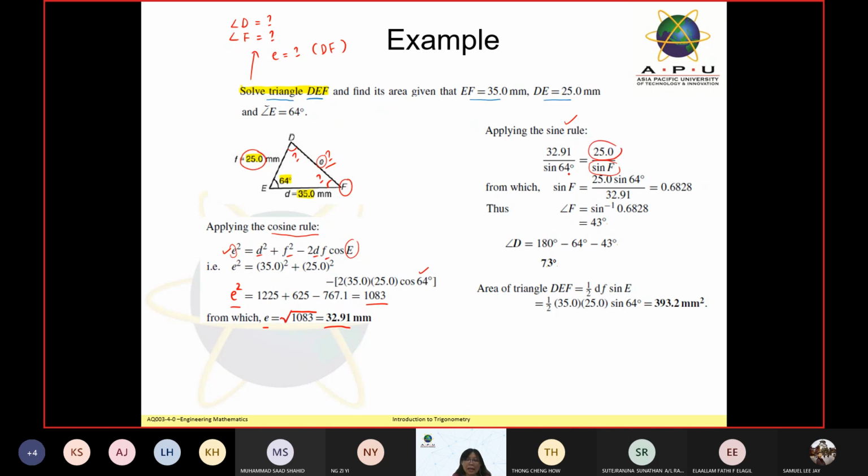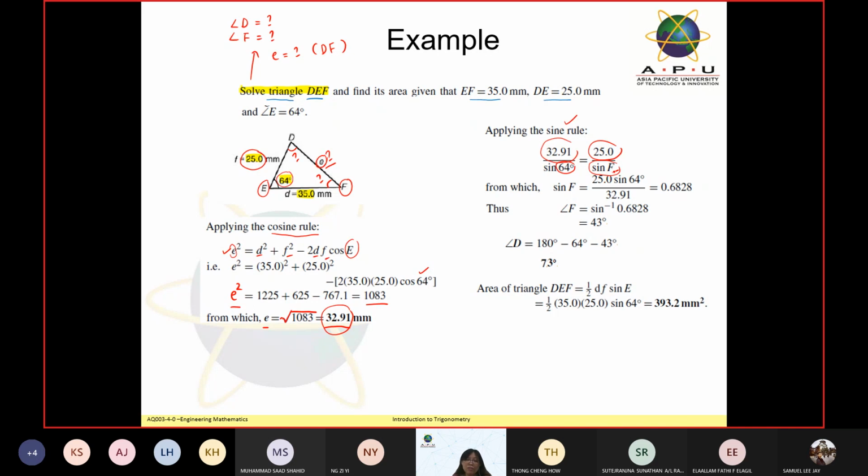Since F is unknown, the other two values must be known. We know the angle of 64, and the corresponding side is E. Just now we found E as 32.91, so we substitute here. Then from here we solve for F.